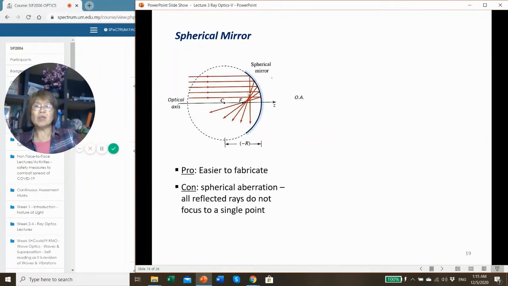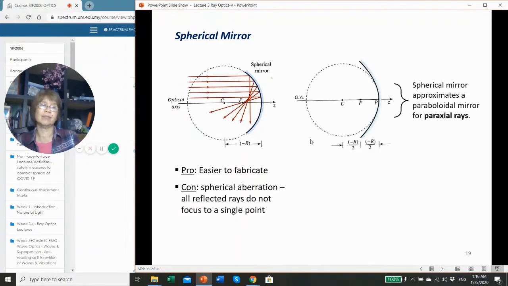Now, the easiest to make will be the spherical mirror. Unfortunately, when these rays are further away from the optical axis, they will be reflected and will not pass through the same point as the rays which are very near the optic axis. That is a problem because we will have a blurry image. But normally what we do is we confine rays that are near the axis, so that's why we do paraxial ray imaging.